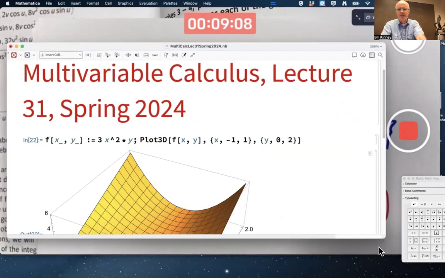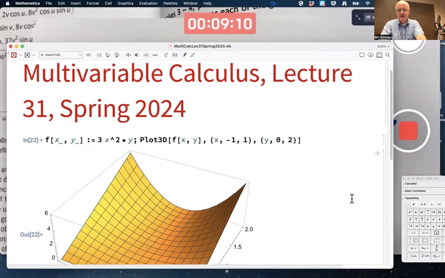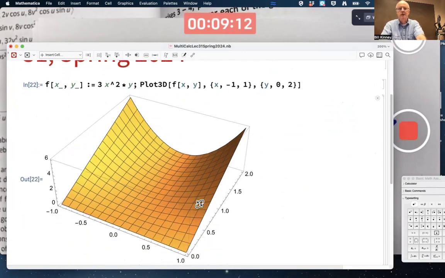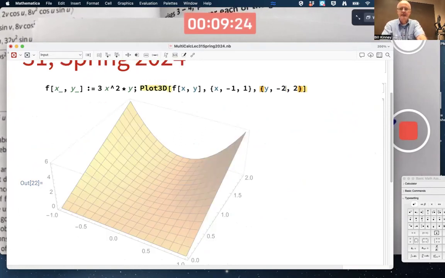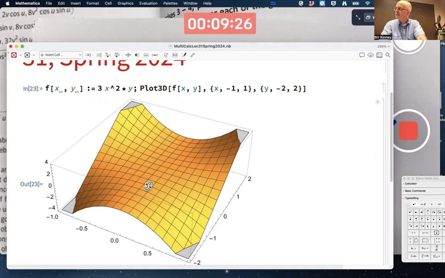The positive x-axis, I'll remind you, goes to the right here. The positive y-axis goes into the screen. When Y is positive, you do see upward opening parabolas. When Y is negative, well, it doesn't go negative here, does it? If I did allow Y to go negative, then we'd see downward opening parabolas. But Y is not going negative.